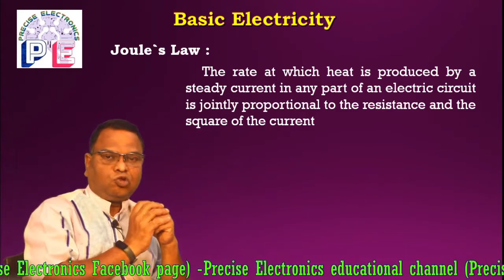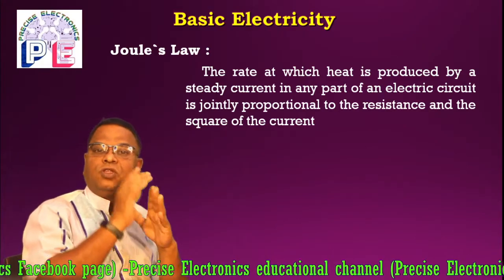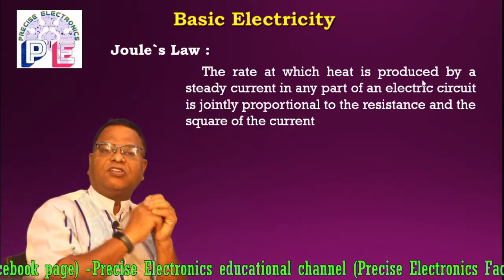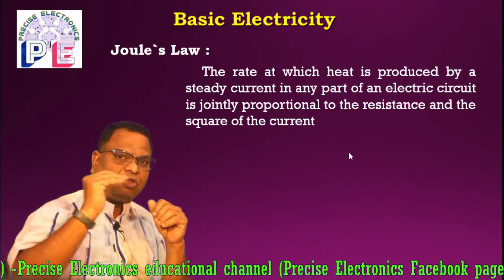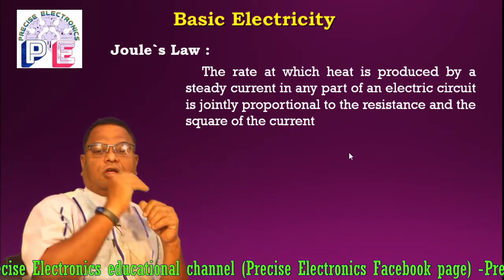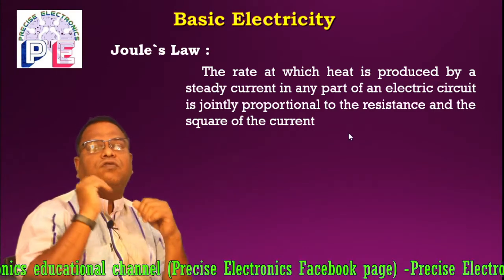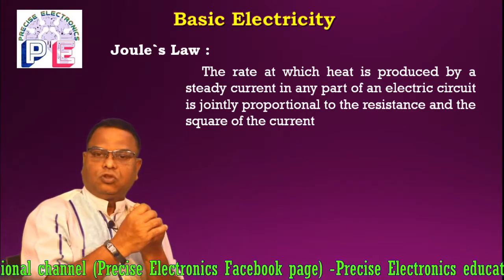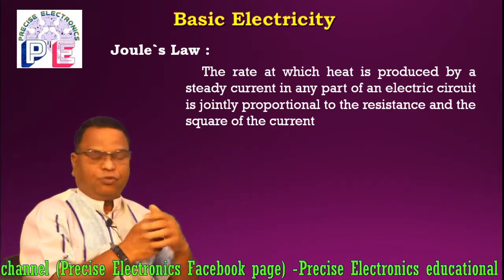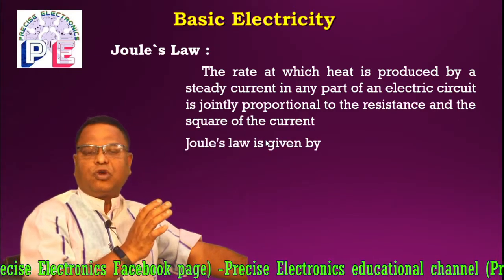What is Joule's law? The rate, that means with time, at which heat is produced by a steady current in any part of a circuit is jointly proportional to the resistance and the square of current. So obviously Q or W, that is work, is equal to I square RT. Q is equal to I square RT.